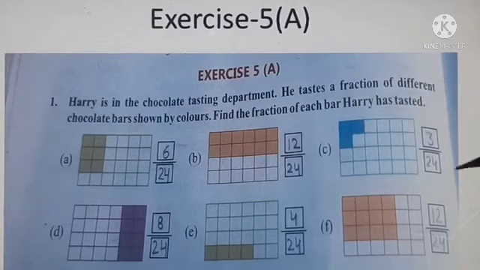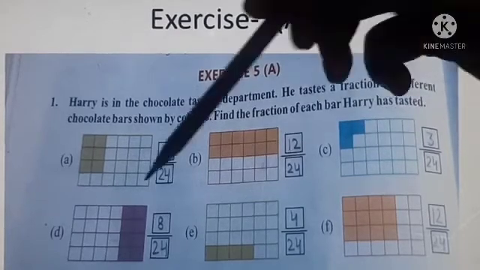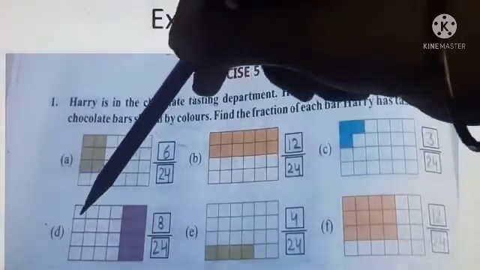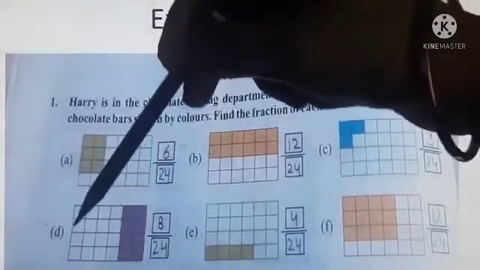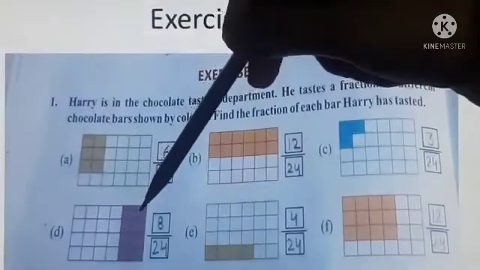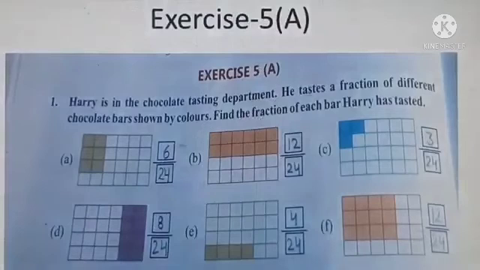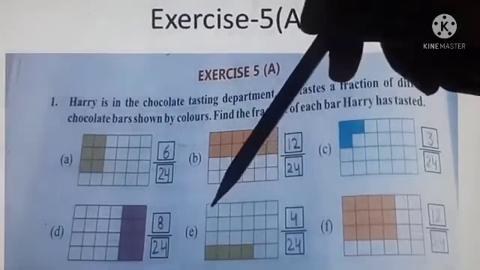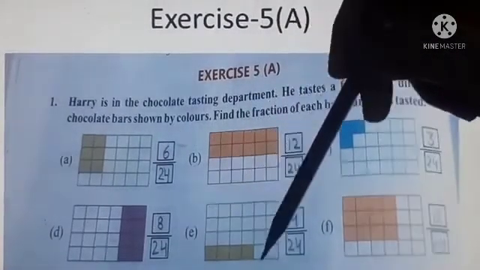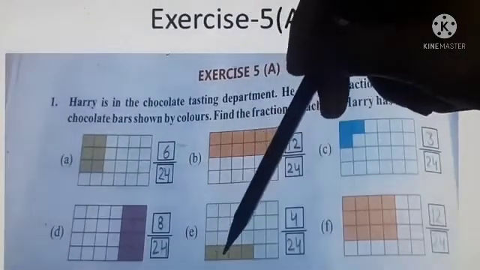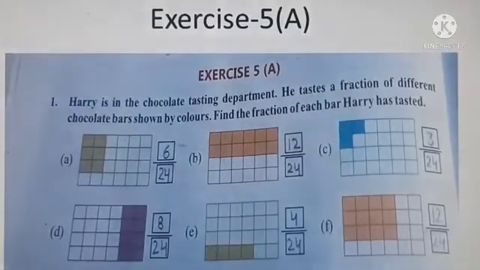So the fraction is 3 upon 24. D part, 6, 6, 6, 6. So total are 24. Shaded are 1, 2, 3, 4, 5, 6, 7, 8. 8 upon 24. E part, total parts are again 24 and shaded are 1, 2, 3 and 4. So fraction is 4 upon 24.